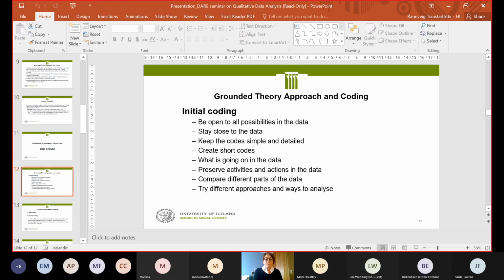Yes, Rados, did I miss anyone? Yeah, I had the same issue as Marissa because I planned to do the co-analysis of the data with my co-researchers, online. So I'm planning to do exactly what you said: take excerpts from the interviews, discuss them with the co-researchers, and try to identify the key topics.